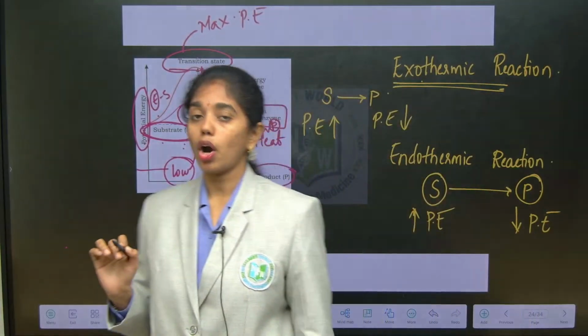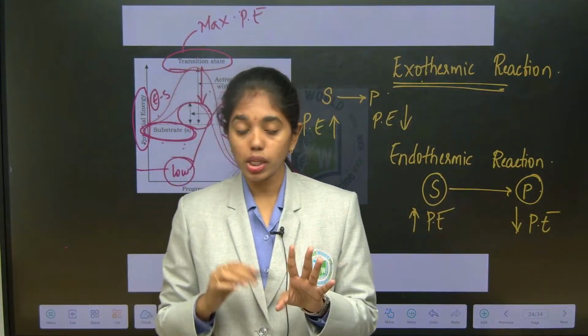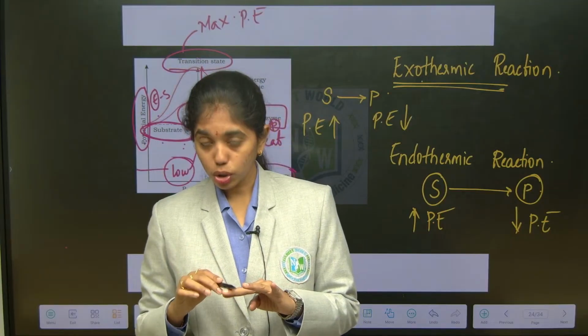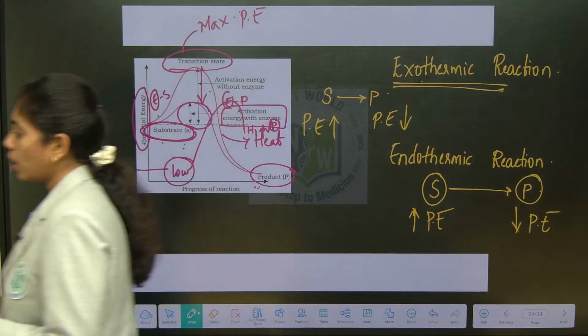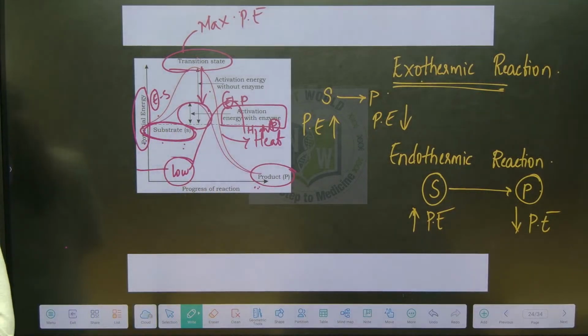I hope you got a clear idea on transition energy, activation energy, exothermic reactions and endothermic reactions as well. Clear till here, ma? Any doubt anywhere? Just go through this.